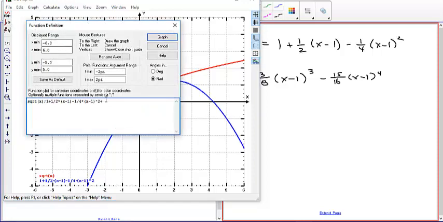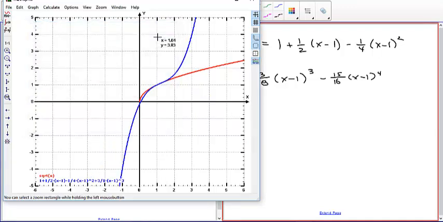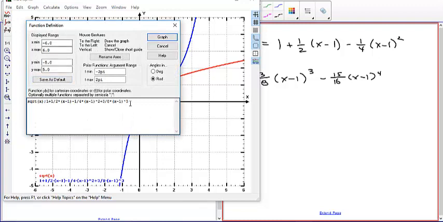Then we have the third term, which is going to be 3/8 times x minus 1 cubed. So that's that. Actually, did I make a mistake? Because that doesn't look right. Well, maybe it is. Let's see what happens when I add another term. Probably right around x equals 1, it's looking better.